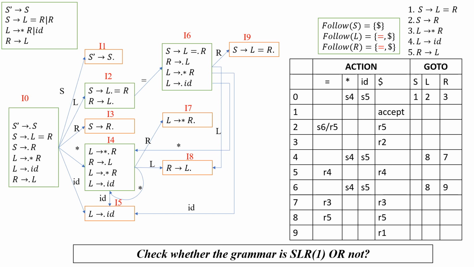Just go through this diagram and come to state I2. Don't you think the state I2 contains some confusion? Of course. The state I2 contains a shift move for is equal to and a reduce move. What is the reduce move here? R derives L dot.